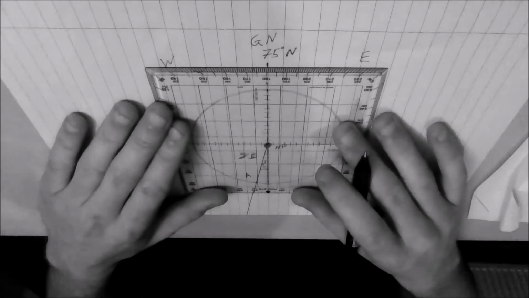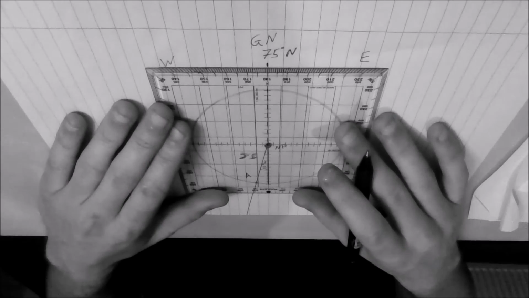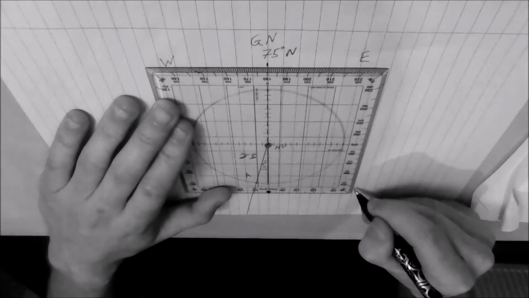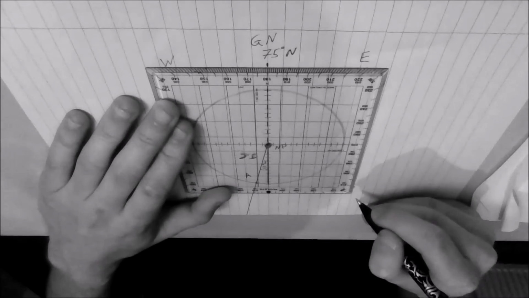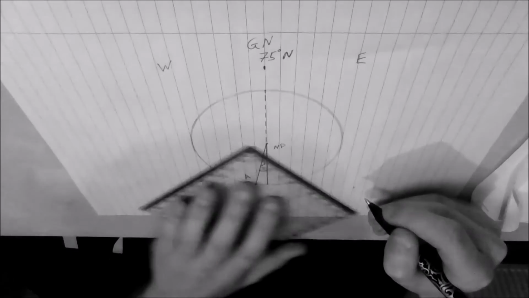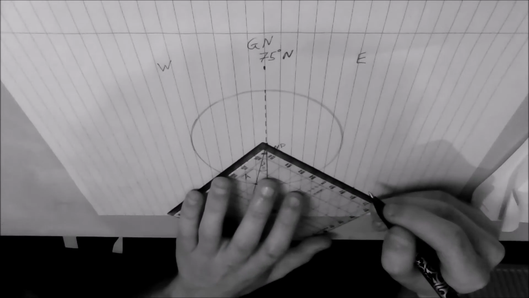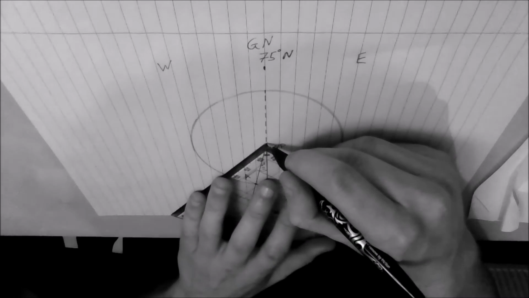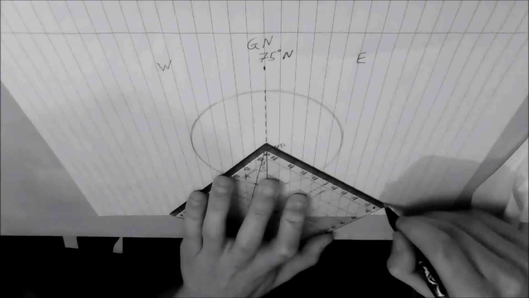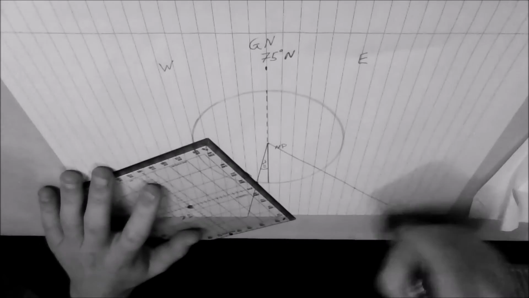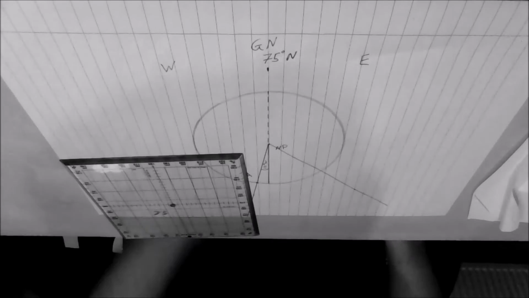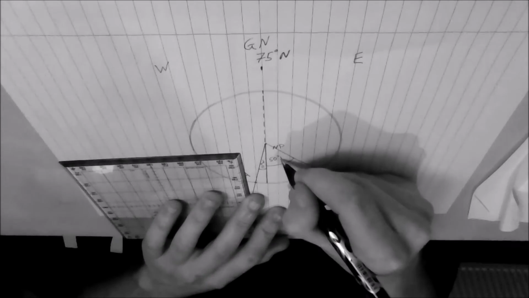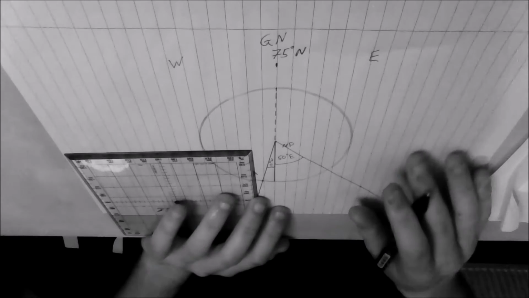Again, put your protractor on there and just measure 50 degrees, so 10, 20, 30, 40, 50, which is there. And again, a straight line between the North Pole and that point you put on there. Extend this line out as far as you can, because you'll find later on we'll be working on this part of the page. Okay, and again I'll mark that in as 50 degrees east, as you can see there.